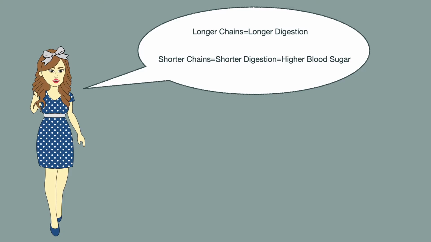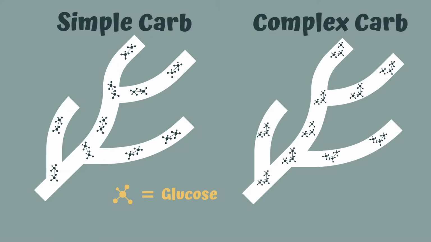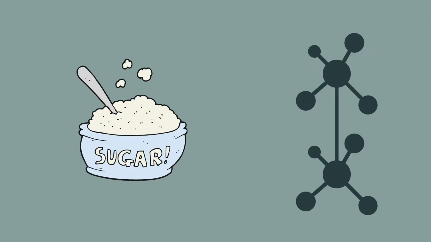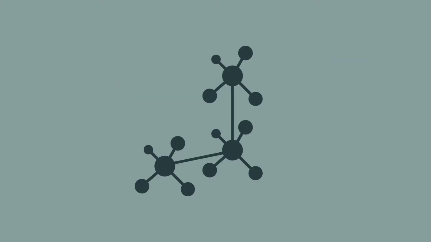The following example breaks this down further. Remember, glucose is one sugar molecule. It is represented in yellow. Any yellow molecule counts toward blood sugars. Simple carbs are generally two connected sugar molecules, similar to table sugar. Complex carbs exist in three or more molecule chains.